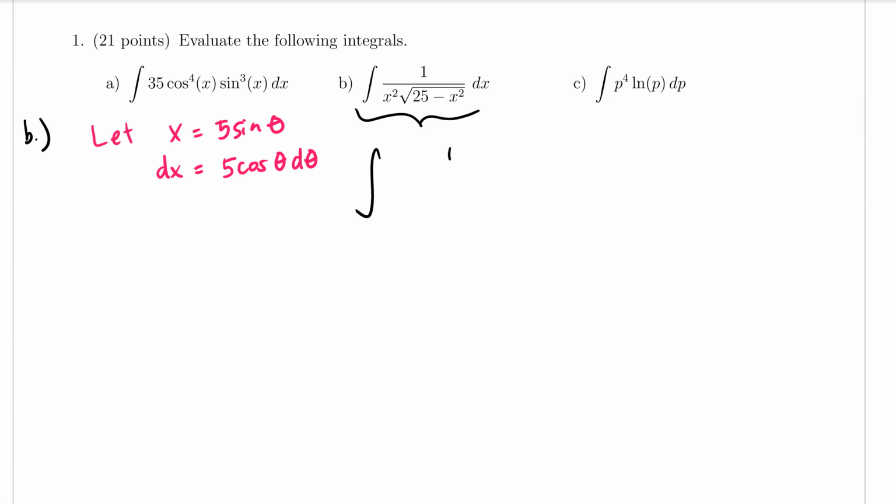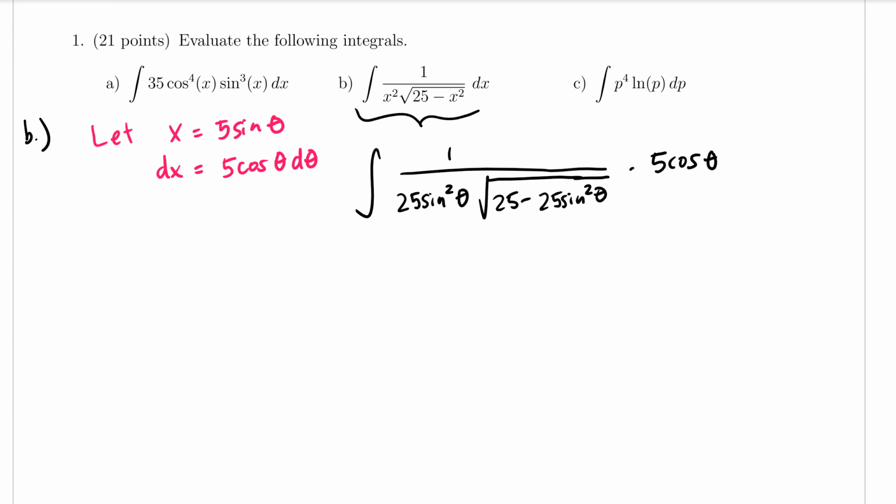We have the integral of 1 over 25 sine squared theta times the square root of 25 minus 25 sine squared theta. And then dx is getting replaced with 5 cosine theta d theta.